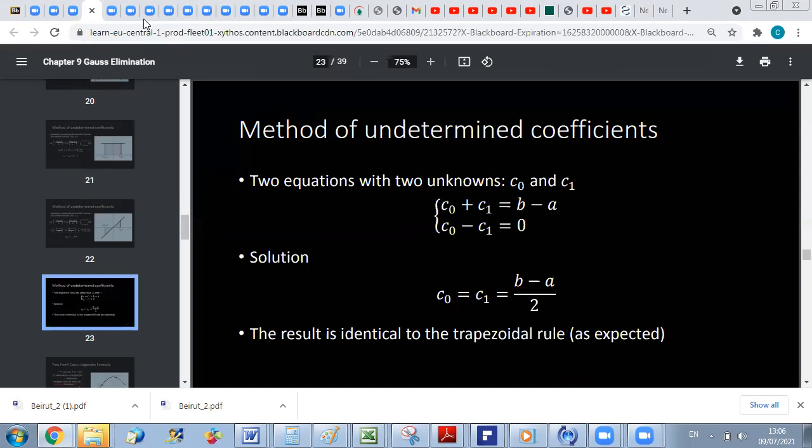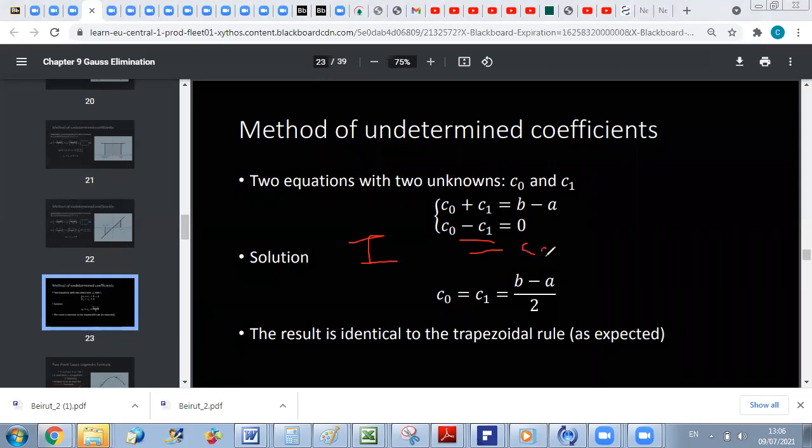because you are estimating the integral I by C0 times f of x0, okay, plus C1 times f of x1.